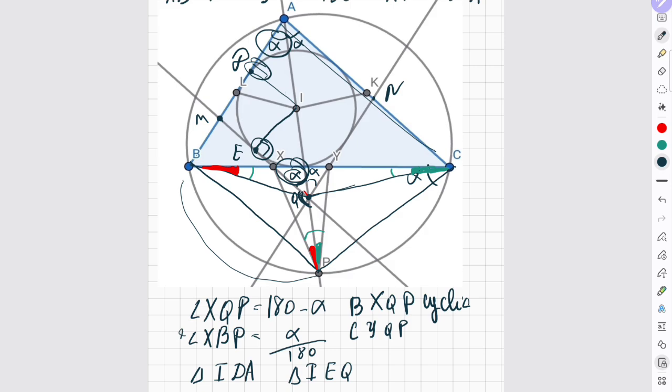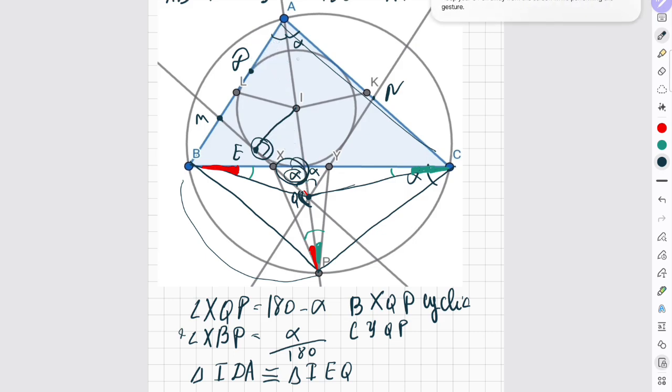That is why we can say that these two triangles are congruent. That is why AI has equal length with QI.